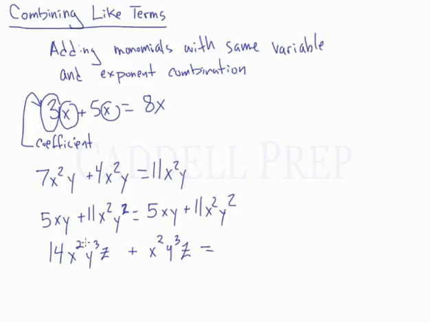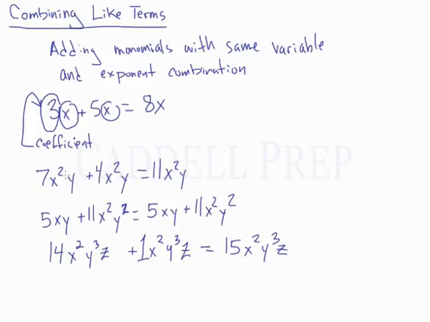Think about this crazy thing here, x squared y cubed z, as apples. You have 14 apples plus an apple. You're going to end up with 15. So if there's no number written in front, it's actually a 1. We just don't have to write it. So we have 14 x squared y cubed z plus 1 x squared y cubed z equals 15 x squared y cubed z.